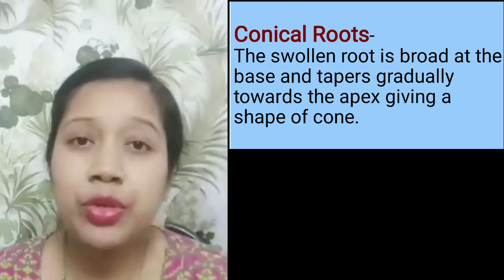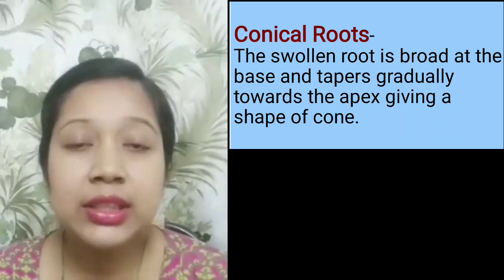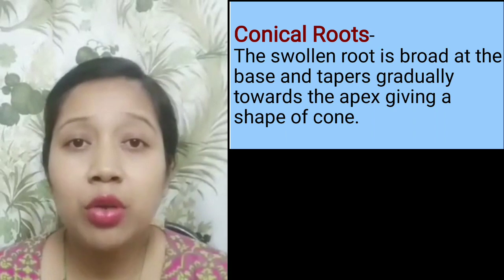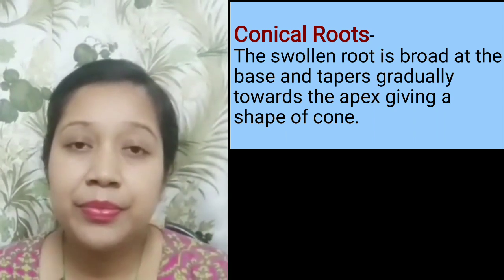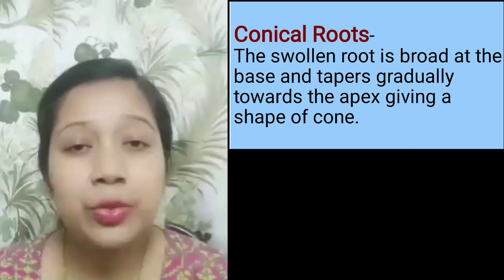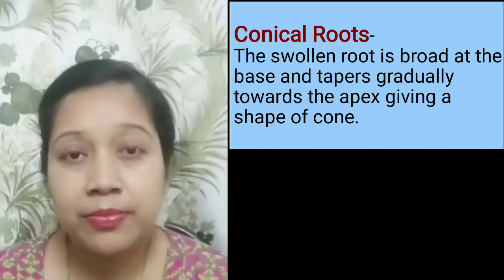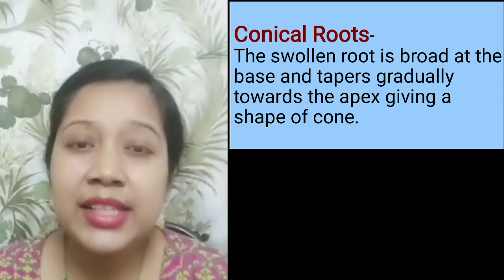Now let's come to the next modification of taproot, which also serves the same function, that is the storage of food, and it is called the conical taproot. Here again, it is the same as the radish, that is mainly fleshy in structure, but there is a slight change.